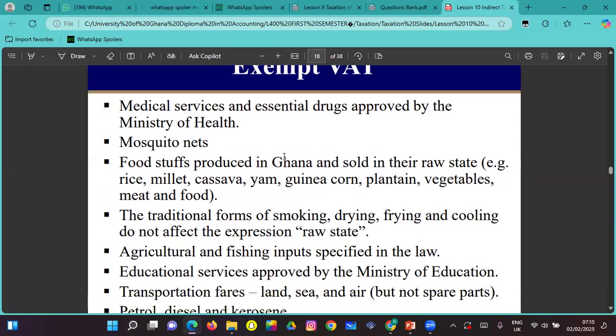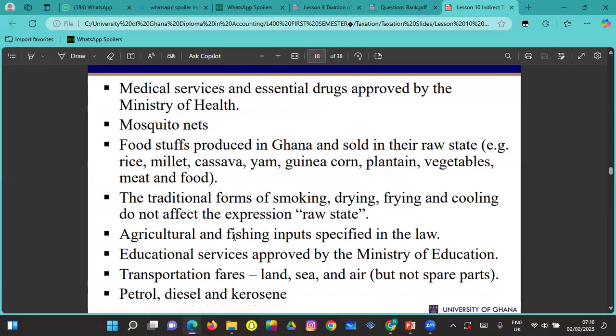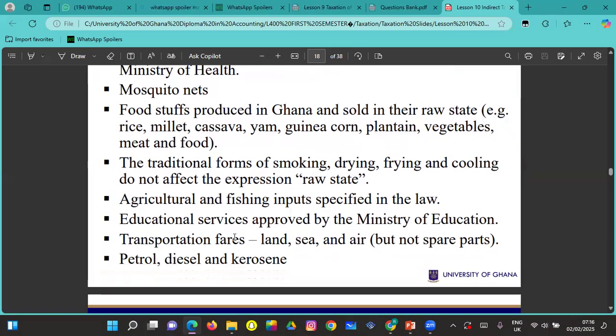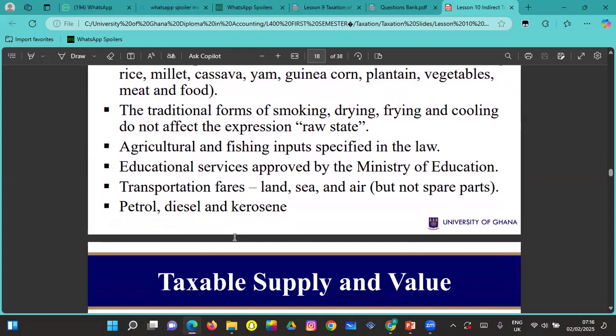Traditional forms of preparation like smoking, drying, frying, and cooling do not affect the raw state. Unless you are doing something like processing, that's when it affects the raw state.